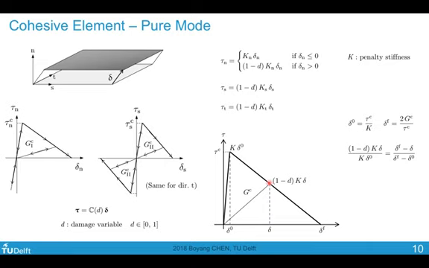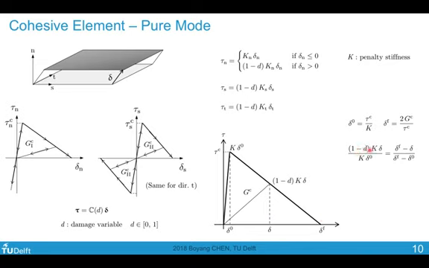So if I look at the geometry of this triangle and this larger triangle, from geometry I know that this length divided by this length equals this length divided by this length.